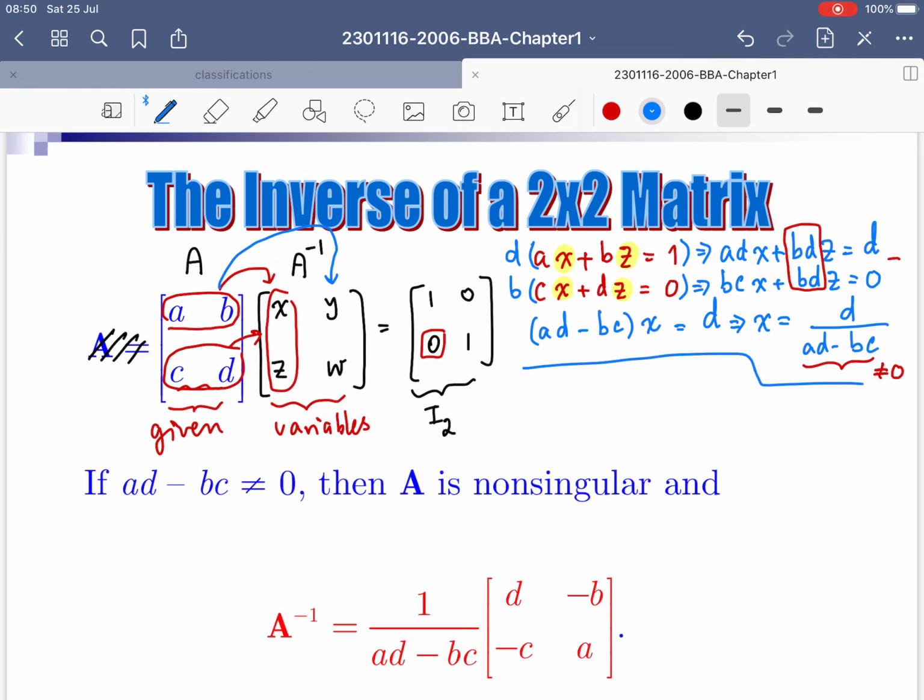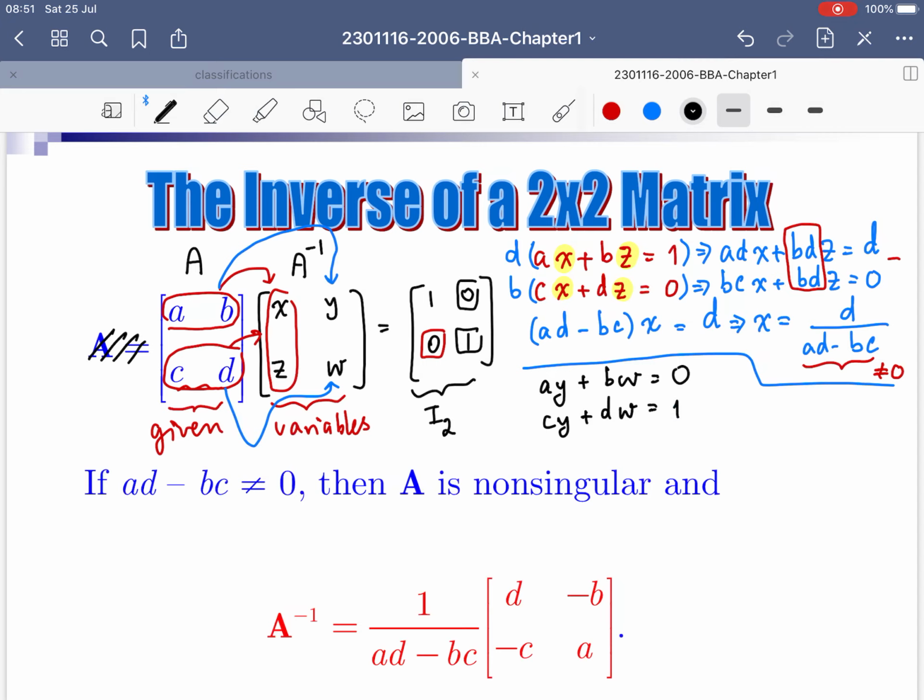So what you end up with will be AY and BW equals to the first row and the second column, which is 0. And the second row and your second column, you have CY and DW equals to 1.